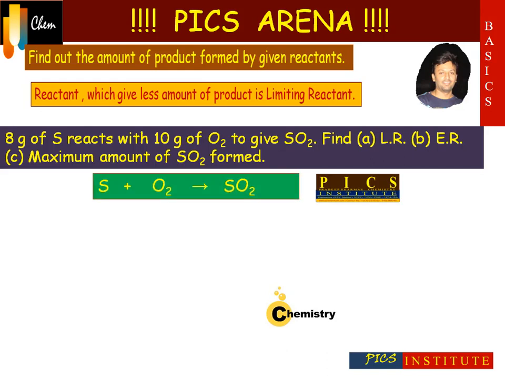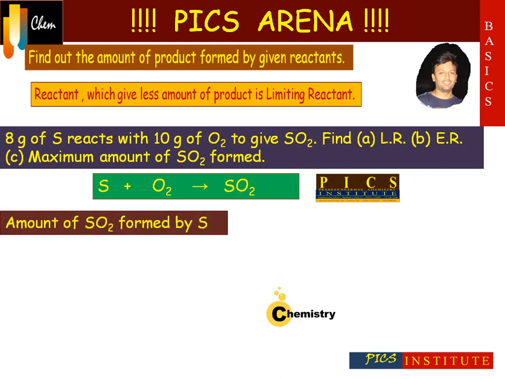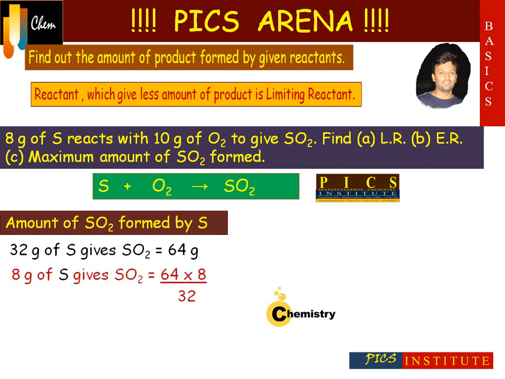First of all, write the balanced chemical equation. Now the amount of SO2 formed by sulfur is, from the reaction, 32 gram of sulfur gave 64 gram of SO2, and the given amount of sulfur is 8 gram. So 8 gram of sulfur will give 16 gram of SO2.